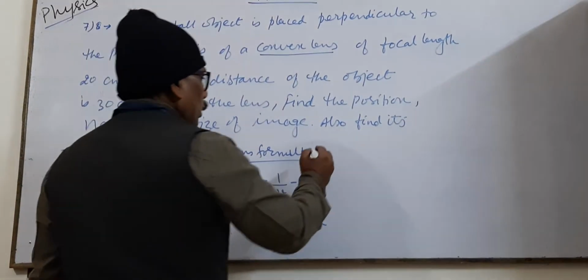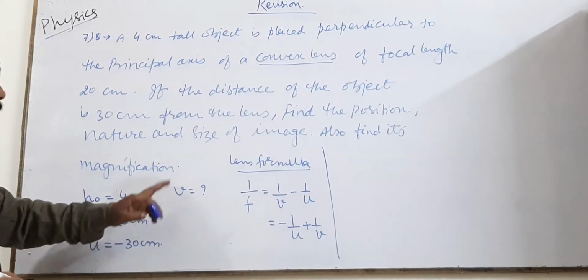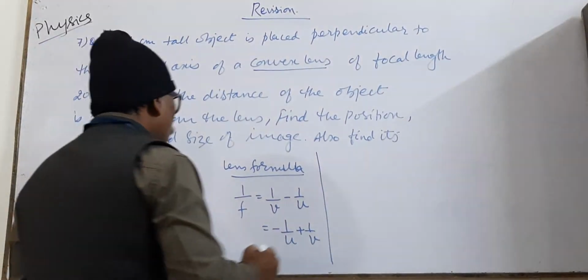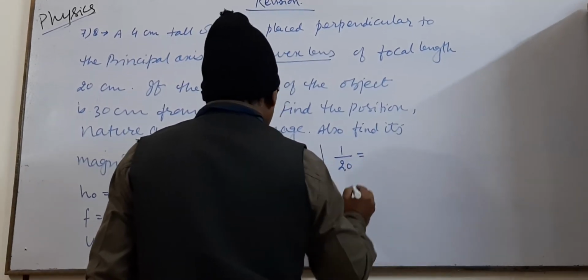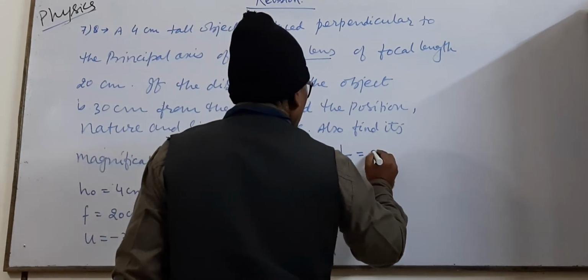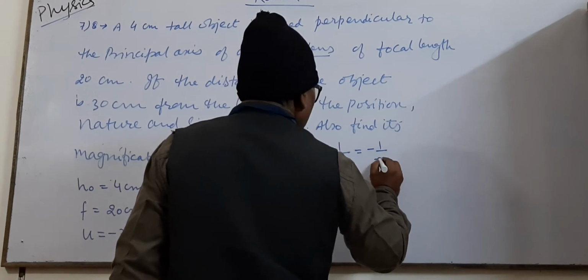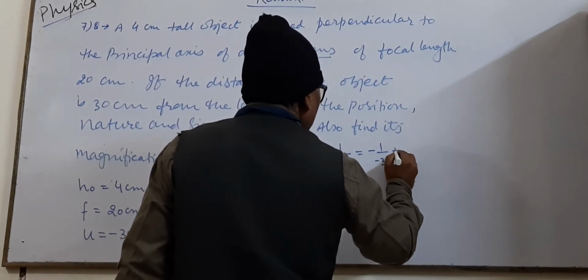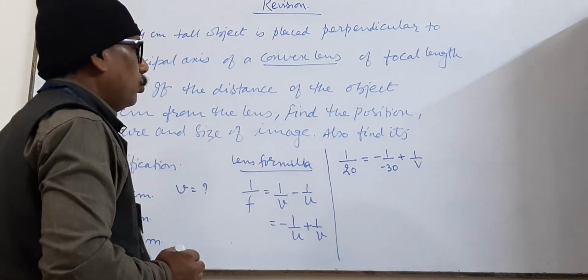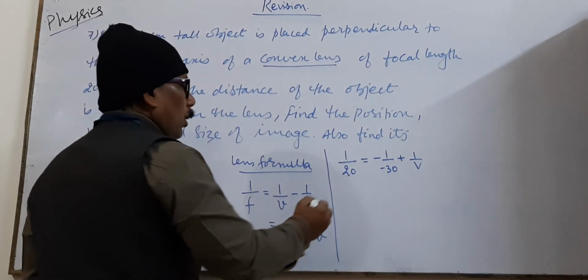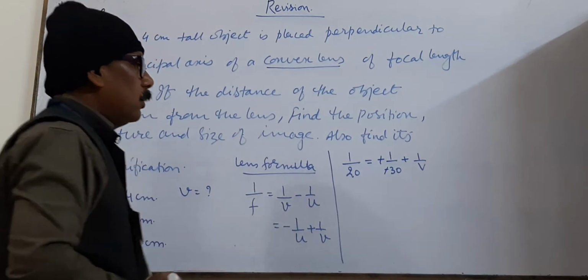Now see, you have to find out what? Image distance. So 1 by f means 1 by 20 is equal to minus 1 by minus 30 plus 1 by v. Now this minus and this minus cancel.